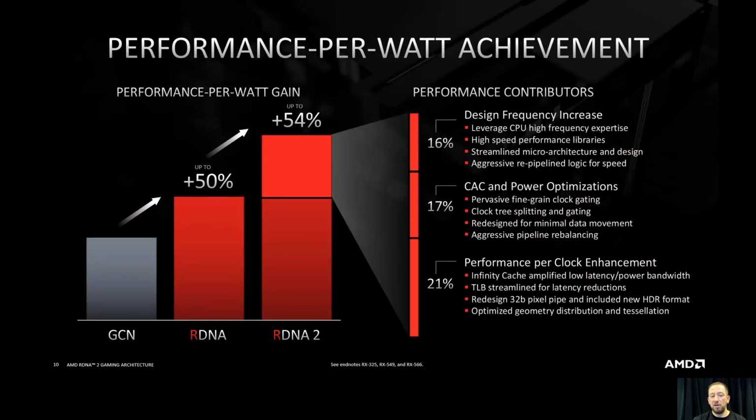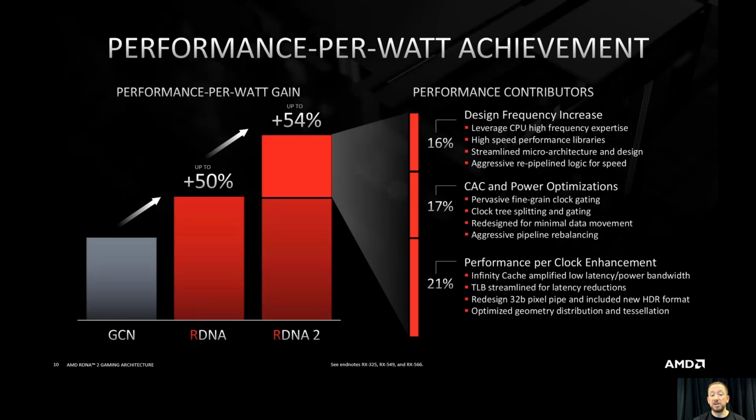Looking broadly at the overall performance per watt achievement of RDNA 2 compared to the previous generation, we can see that the original RDNA architecture delivered a 50% performance per watt improvement compared to our GCN designs, with about half of that coming from the 14 nanometer to 7 nanometer process transition.